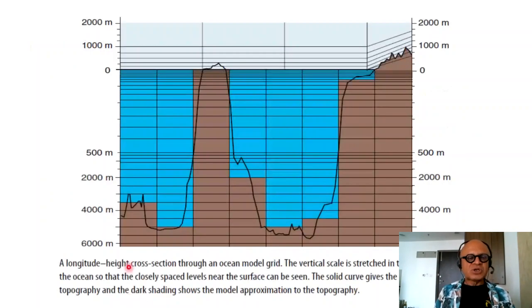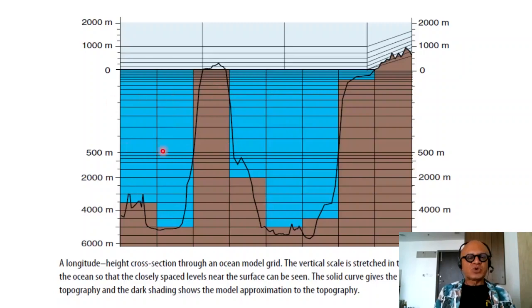Okay, so in the ocean, longitude, height, cross section through an ocean model grid, vertical scale is stretched in the upper 500 meter of the ocean so that closely spaced levels near the surface can be seen. The solid curve gives the true bottom topography, and the dark shading shows the model approximation to the topography. So the real topography is shown in this black line here.